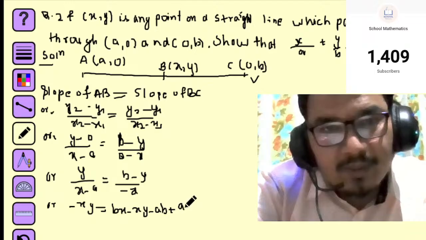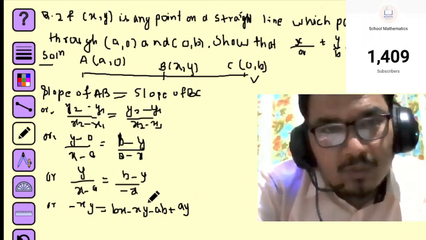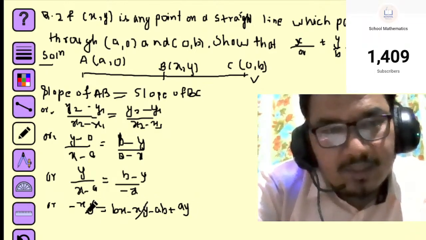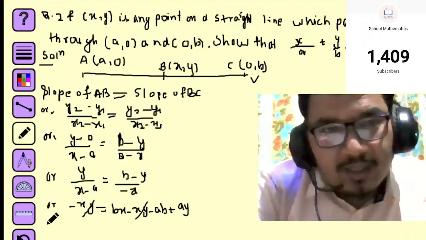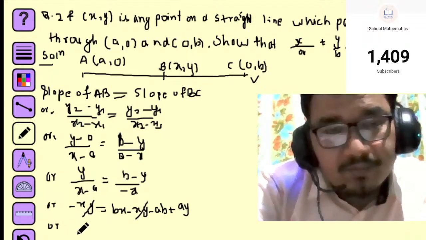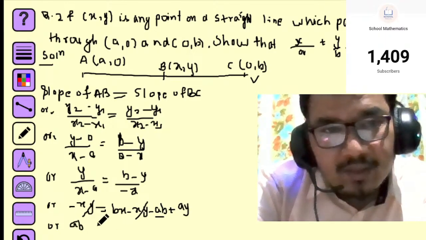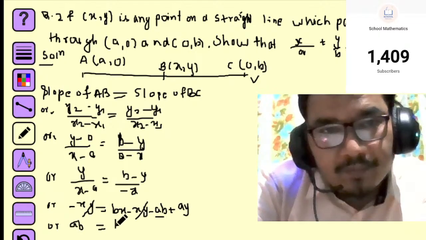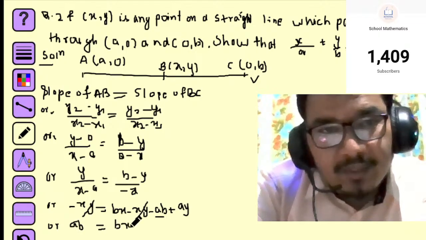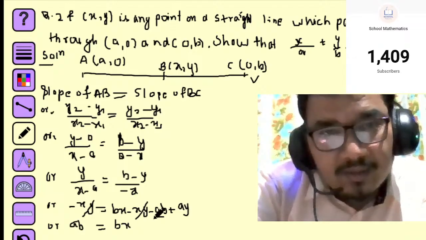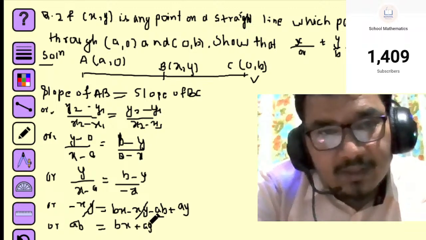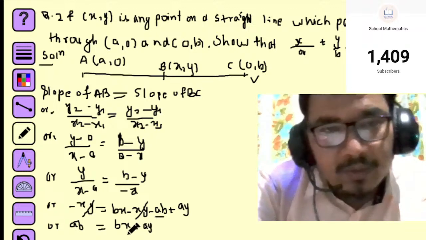Bringing minus xy to this side, plus xy cancels. Bring minus ab to this side, it will be ab, and remaining is bx plus ay.